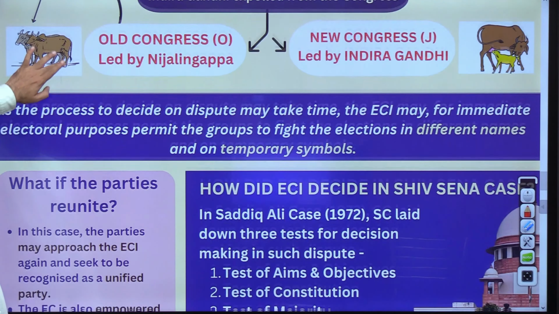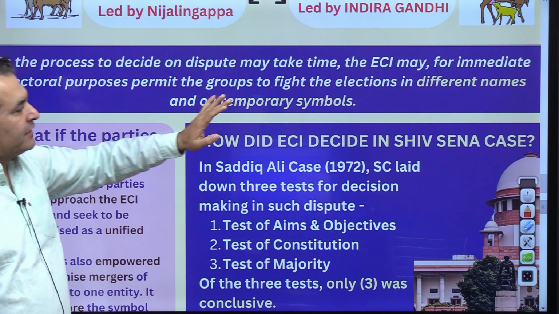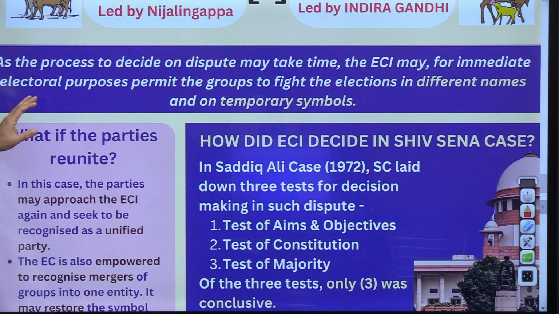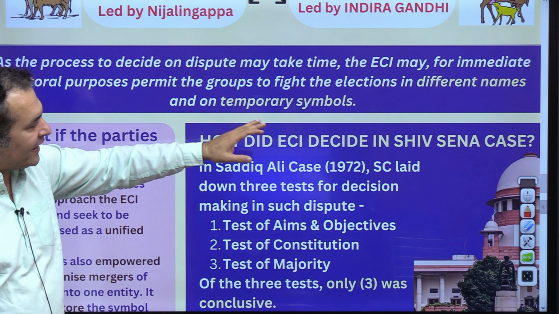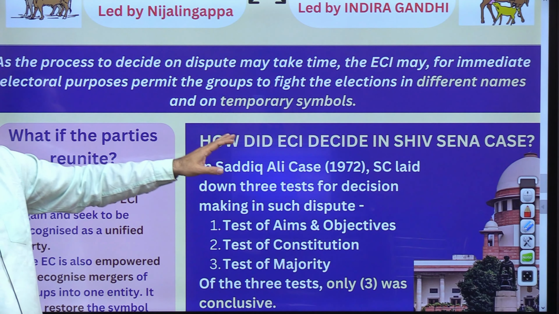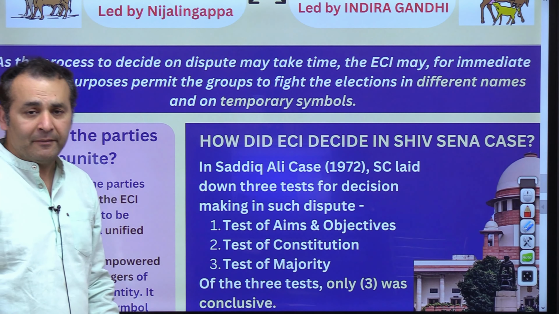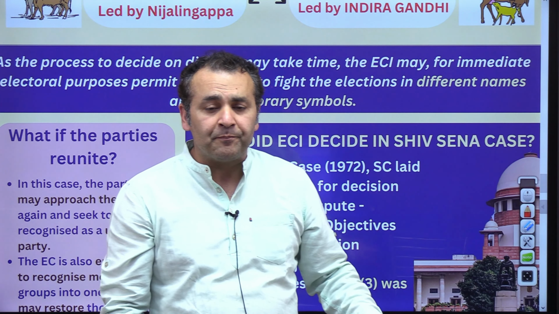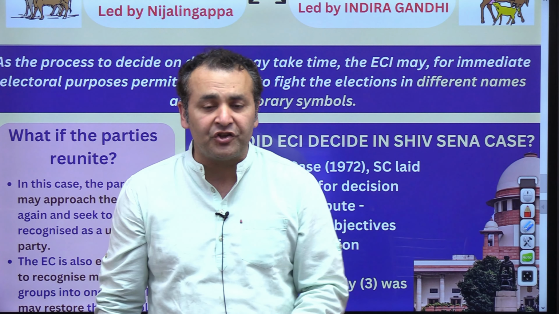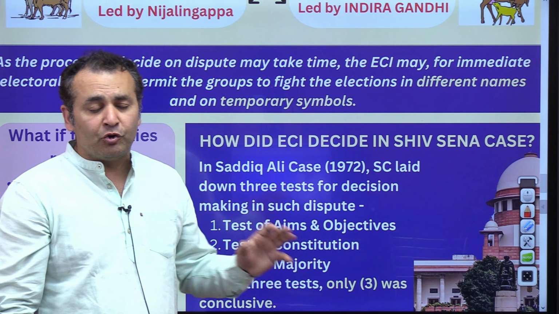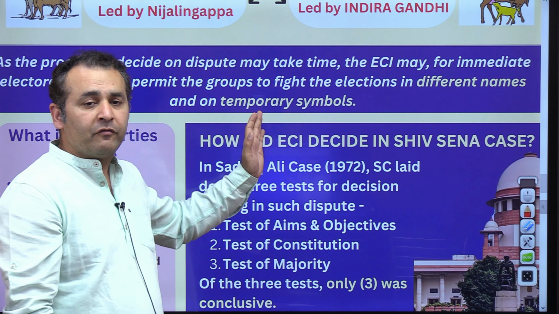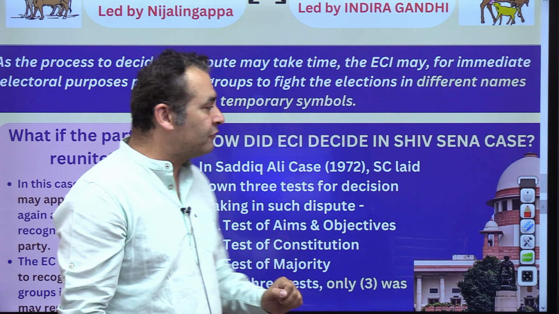As the process to decide on dispute may take time, the election commission may for immediate electoral purposes permit the groups to fight the elections in different names and on temporary symbols. Remember, though it may take time, if there is an election and the people should have the convenience, there is a provision of temporary symbols as well.